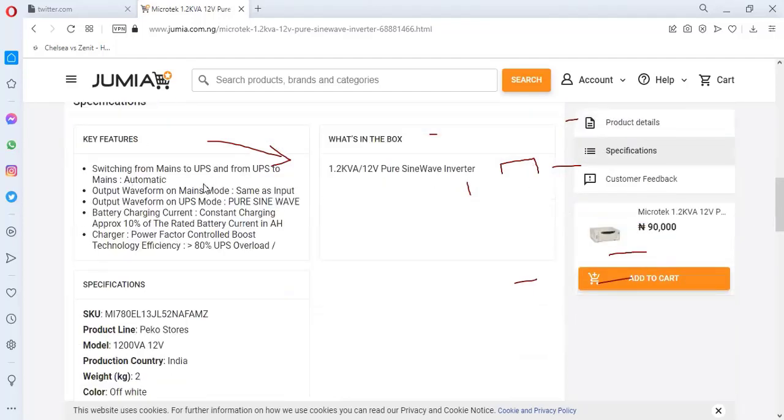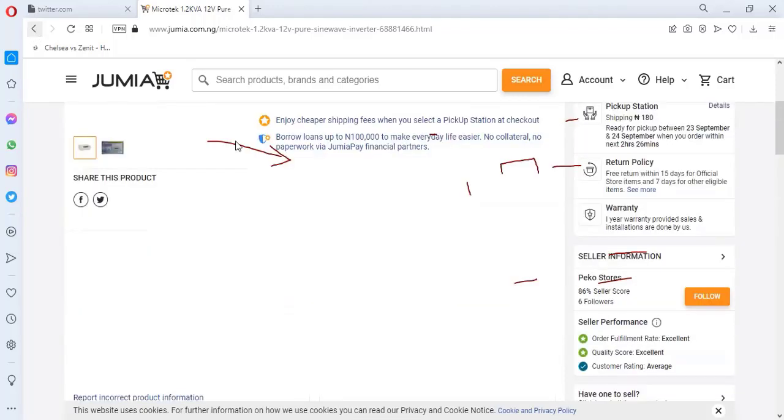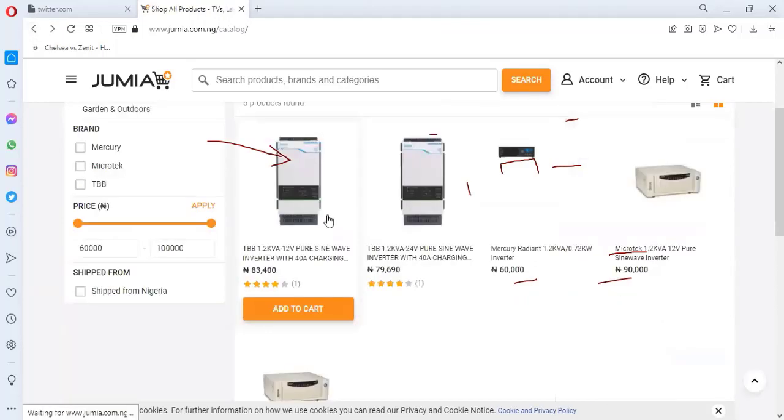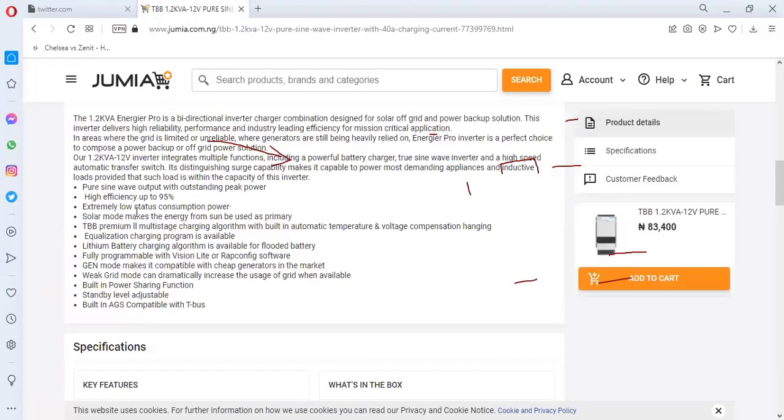You can see these are the specification of the inverter, pure sine wave, and the likes. So you can go back again, click on this inverter, look at the product specification, try and understand. Higher efficiency up to 95%. That's good.